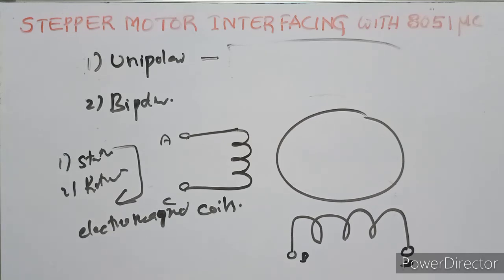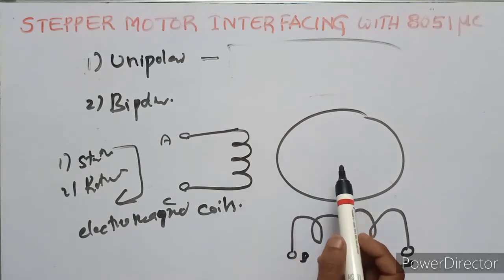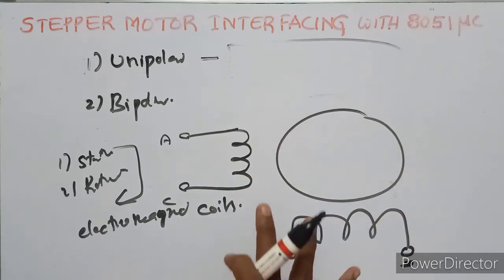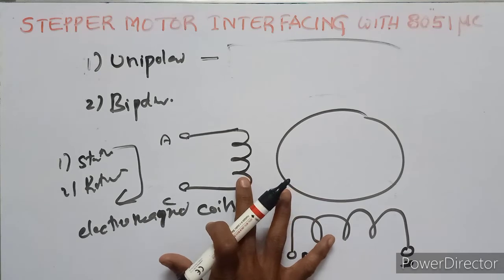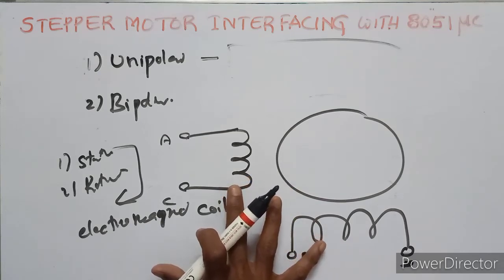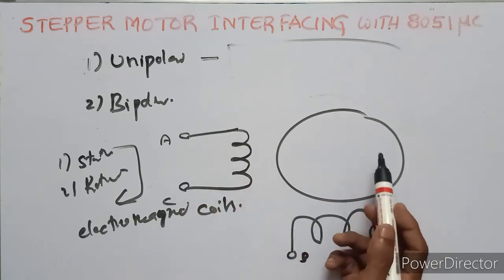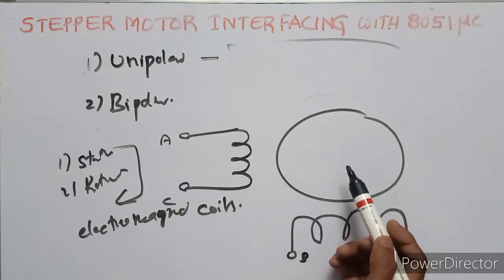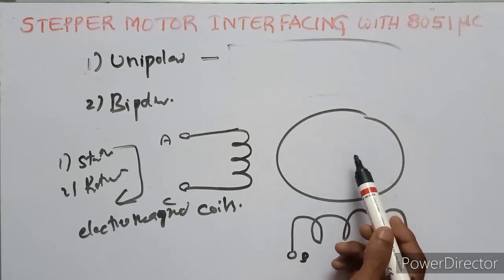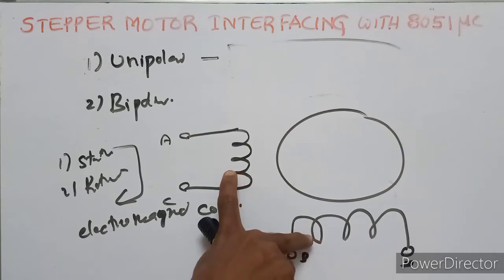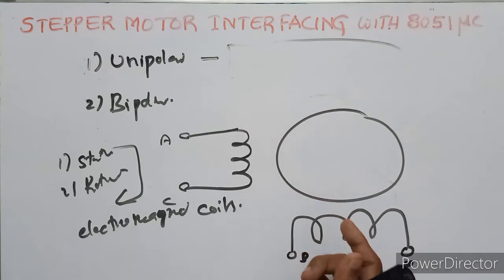Whenever the coils are energized by applying current, an electromagnetic field is created, resulting in rotation of the rotator, which is the permanent magnet. Coils should be energized in a particular sequence to make it rotate.